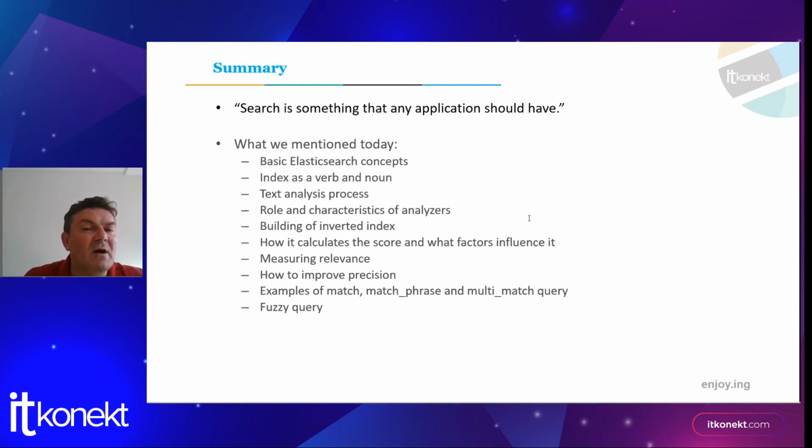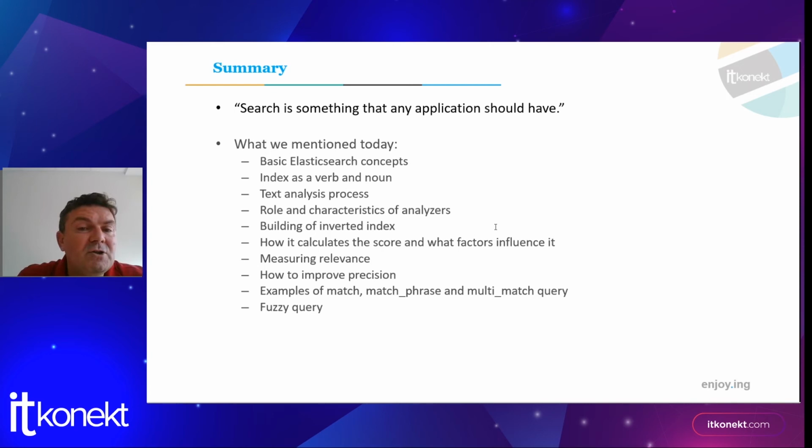We also touched on how Elasticsearch ranks documents, and how it calculates the score and what factors influence it. We also mentioned which parameters we need to pay attention to if we want our search to be more precise. We have shown how to improve precision and or recall on several examples using different combinations of match, match phrase, and multi-match queries.